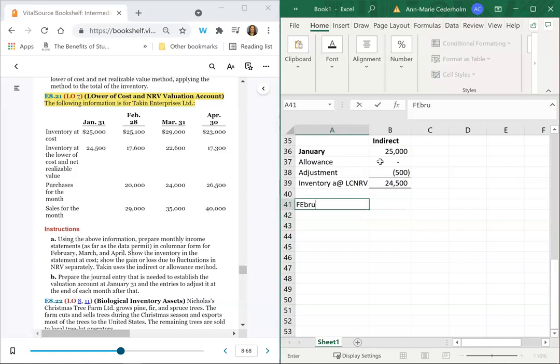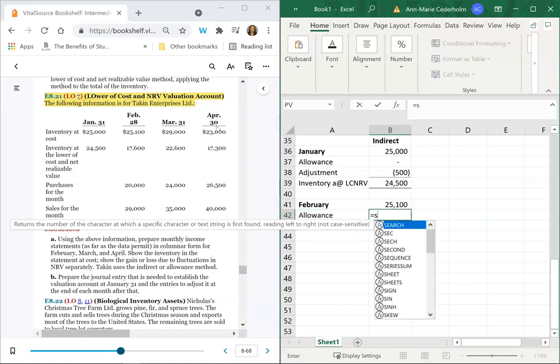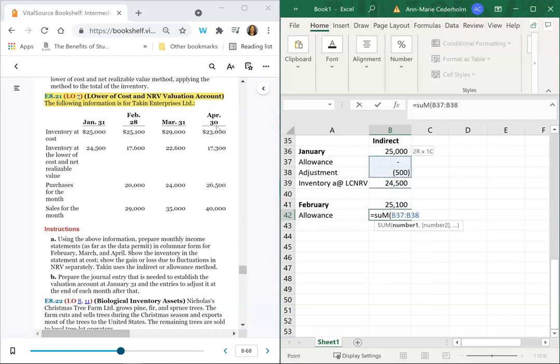And now let's look at February. So remember, I'm just looking at the inventory account. So February, my ending inventory at cost was $25,100. My opening allowance is basically these two adjustments here. So it's your opening allowance plus or minus your adjustment.